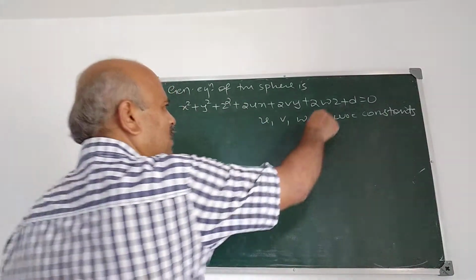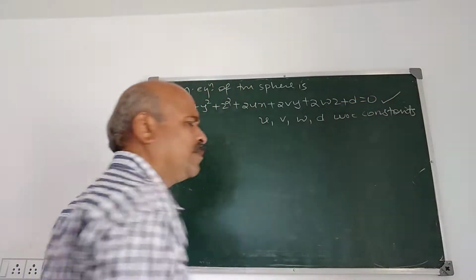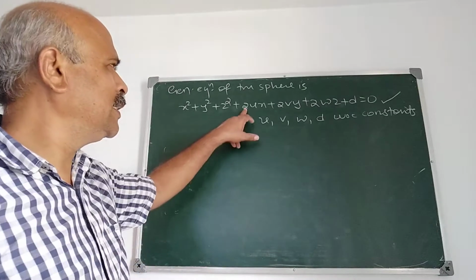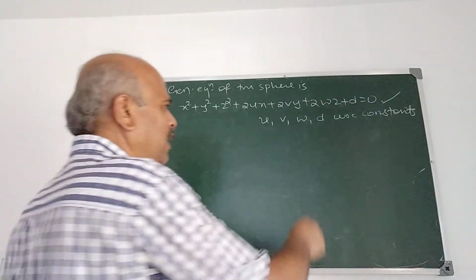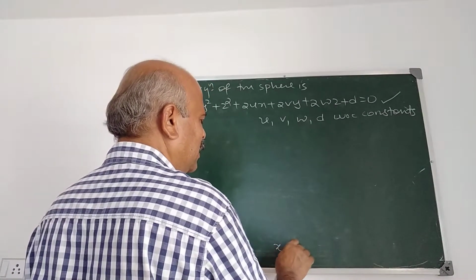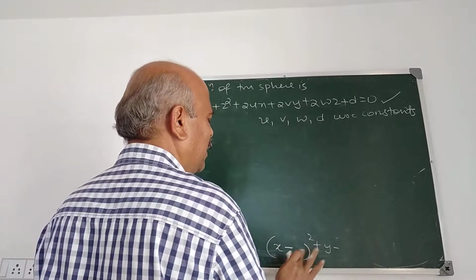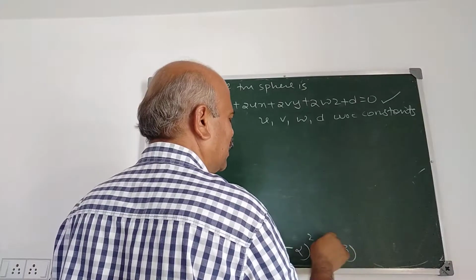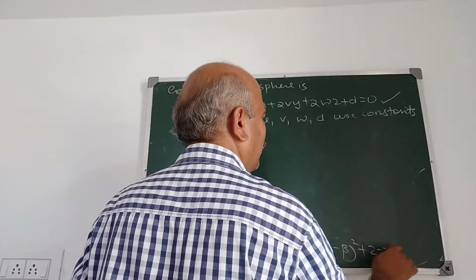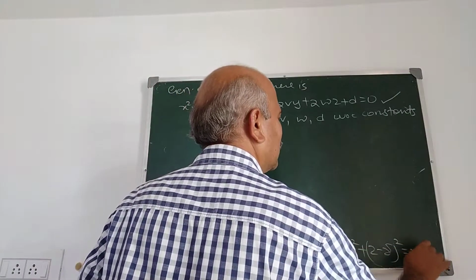How to prove that this equation represents a sphere? It is sufficient to prove that it can be written as (x - α)² + (y - β)² + (z - γ)² = r².